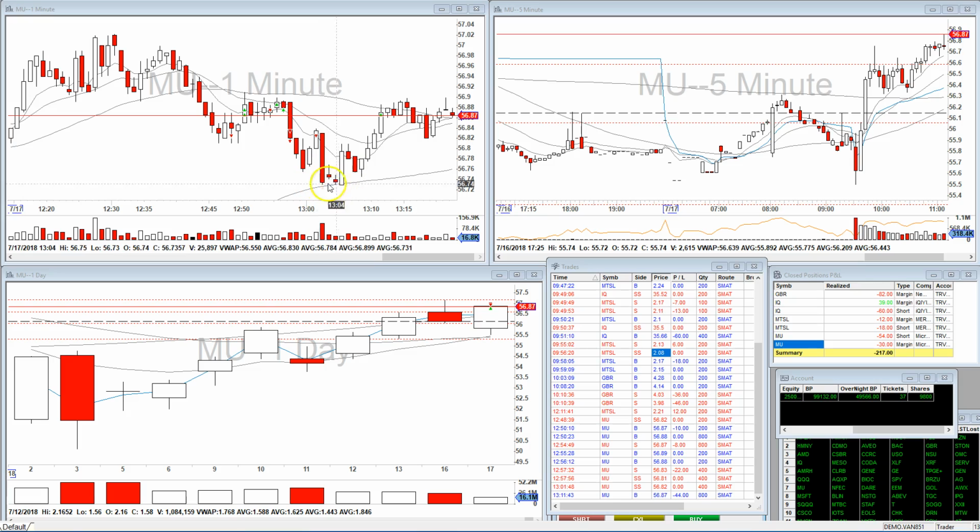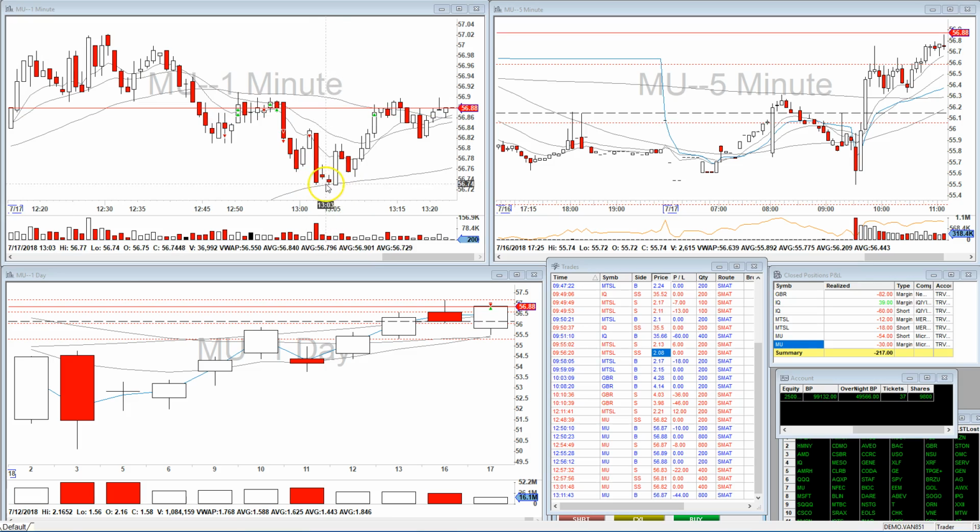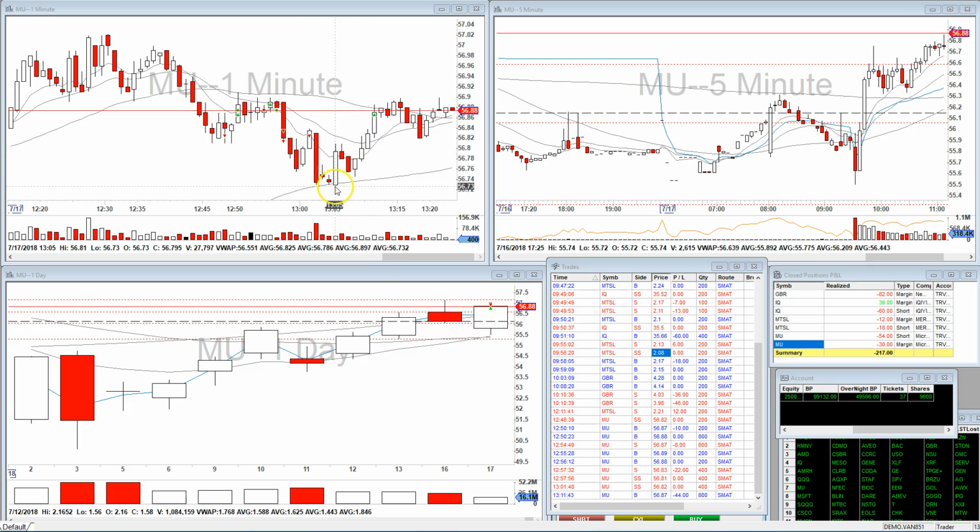I should have taken profit here, but I did not. So I let the price go against me. When the price came here, I actually saw on the level 2 there were huge bids on this level, so it was acting as a really big support. The bids were not getting reduced, so this level wasn't going to get cracked.